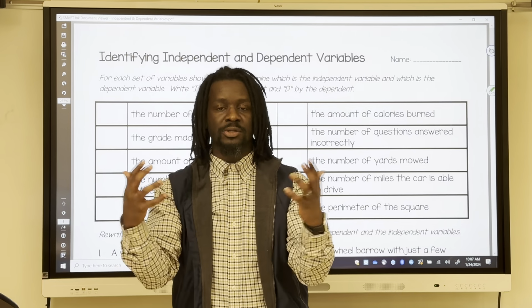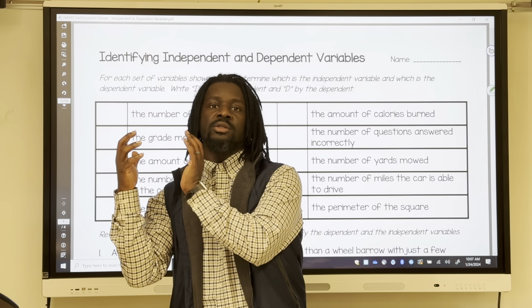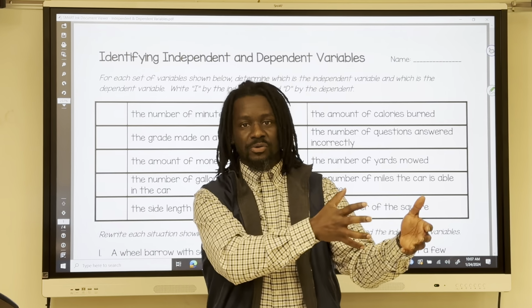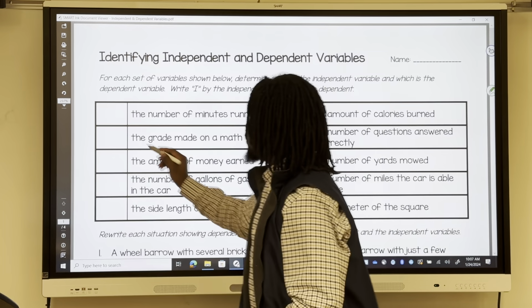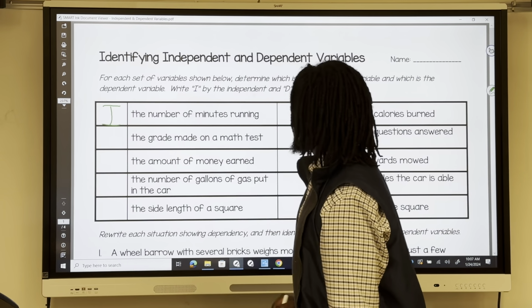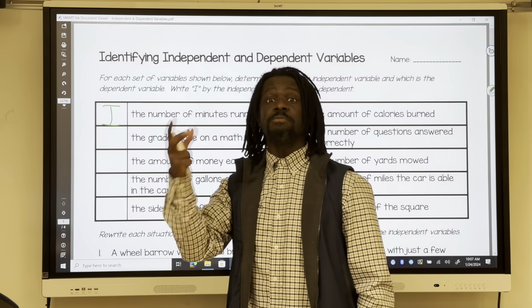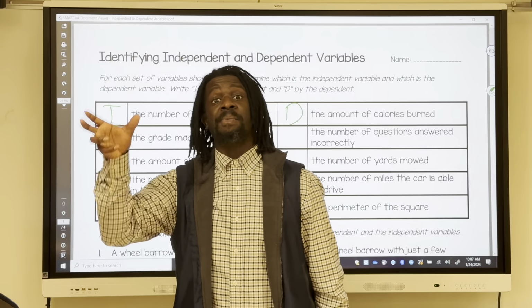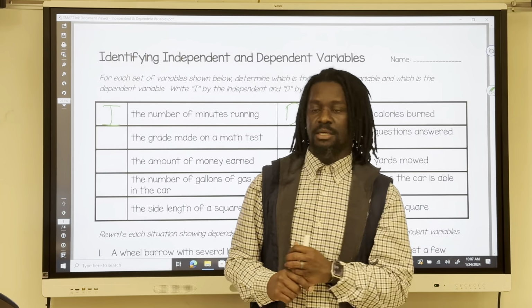Hopefully you're thinking, that's obvious. The number of minutes you run causes the number of calories that you burn. So the independent variable is the number of minutes run. It causes the dependent variable, the calories you burn. Independent causes, dependent is the effect.